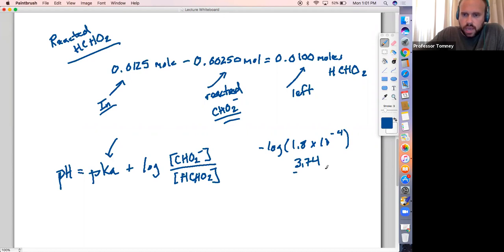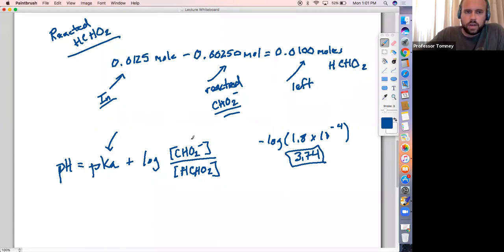So there's the pKa value I'm going to plug in to the Henderson-Hasselbalch equation. Now the question is, what values get put up here? Well, since all of this is sitting in the same solution, I don't technically have to convert to molarity. I can just use the mole values here and plug them in. So the moles of the formate ion over the moles of formic acid that are in solution.